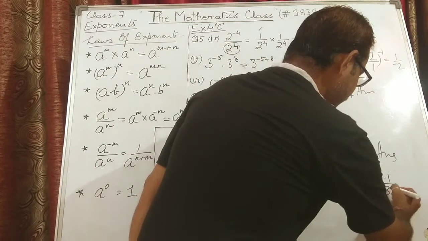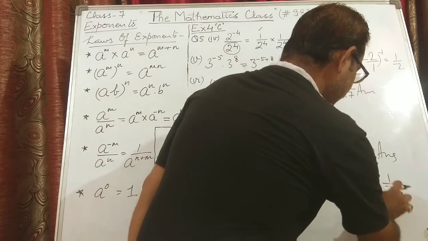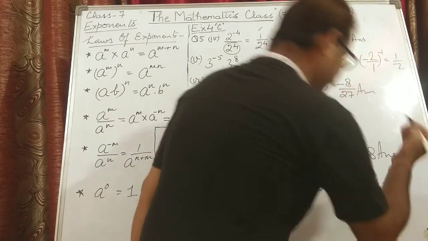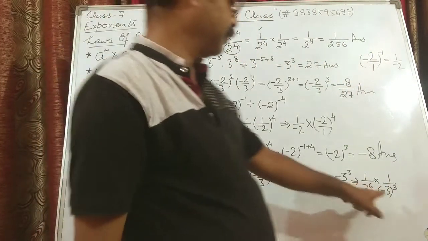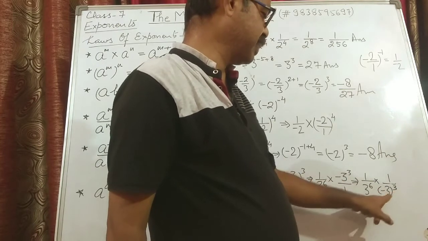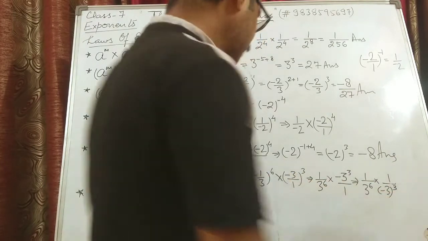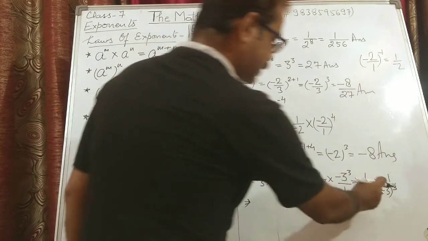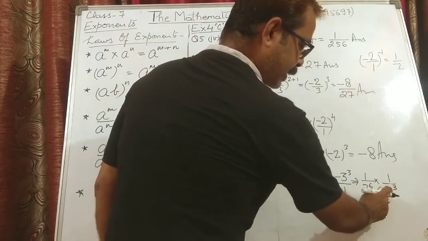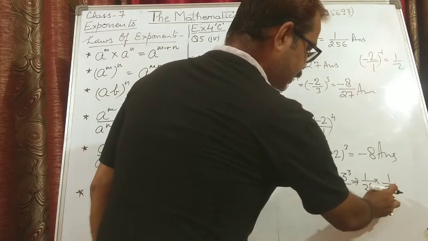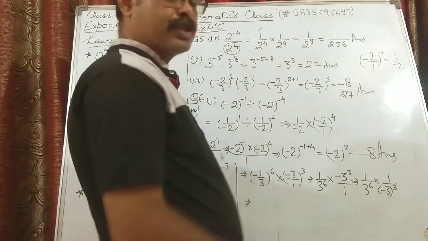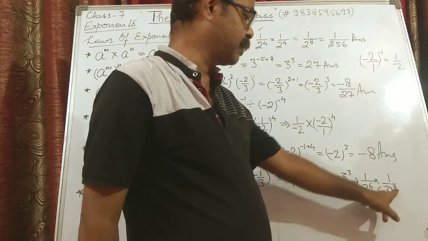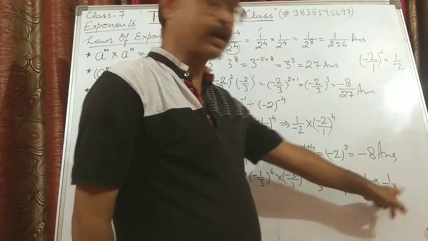Now the power 3 will be odd, so I am taking this minus out, I am writing it separately instead of writing it with 3, because we know that its value will become minus 27. 3 into 3 into 3 is 27, and minus, if it is multiplied odd times, it will come minus.